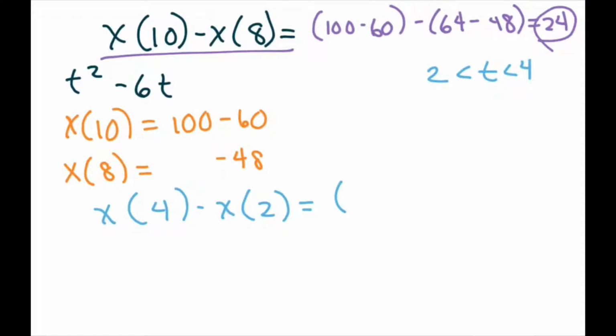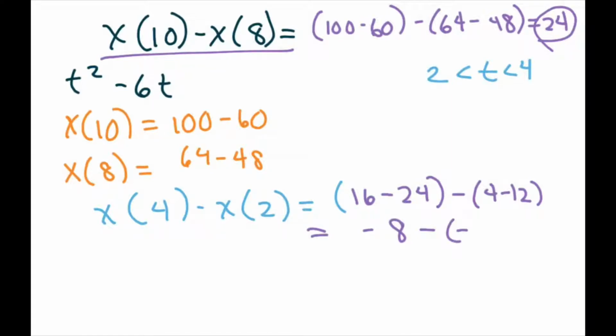Alright, so 4 squared is 16 minus 4 times 6 is 24. And then minus, we'll try 2, so we get 2 squared is 4 minus 12. Now what this yields is negative 8 minus a negative 8, which equals 0.